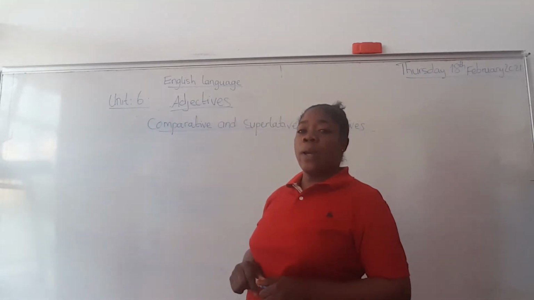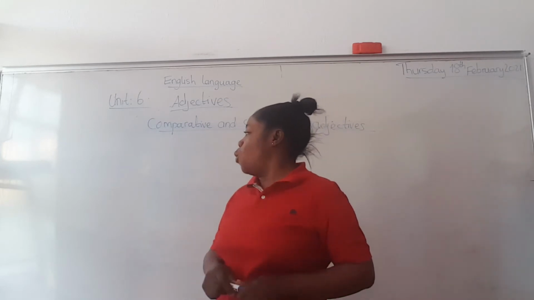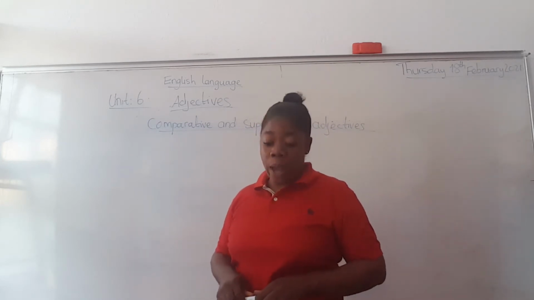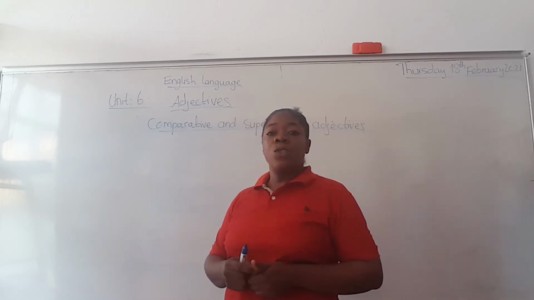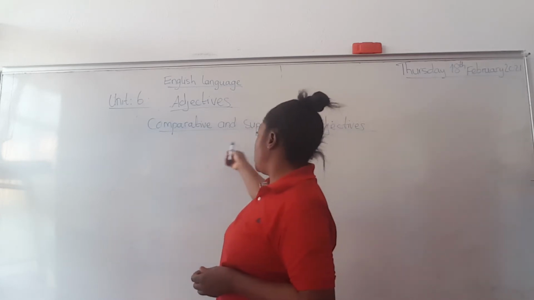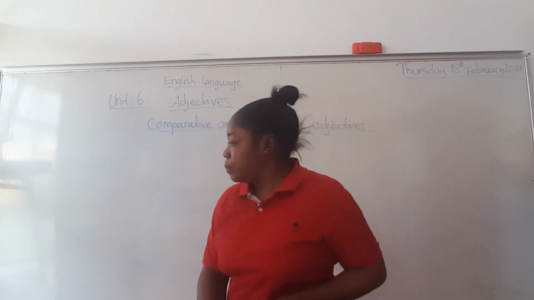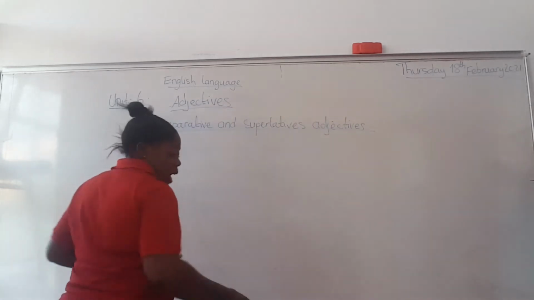Comparative and superlative adjectives are the two main types of adjectives that we are going to treat today. And how do we make a superlative adjective? How is it formed? We are going to start with one of the adjectives.